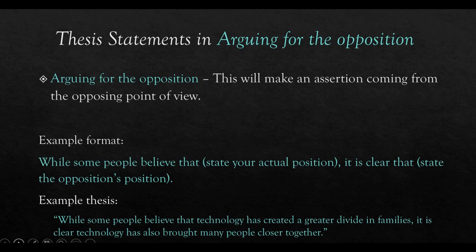When you read this, you think that they are going to be arguing that technology clearly has brought people closer together. But in actuality, your real position is that you feel technology has created a greater divide.